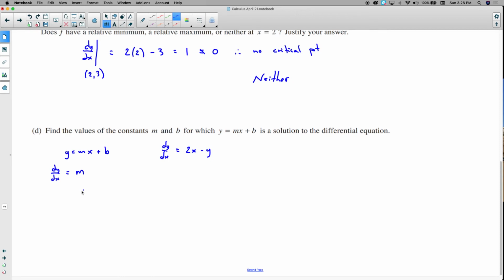So you can make the observation then that dy dx equals m, while dy dx also equals 2x minus y, where y is the general solution to our differential equation. So they are saying that our general solution is in this form mx plus b, so I'm going to go one step further and swap out y with mx plus b.